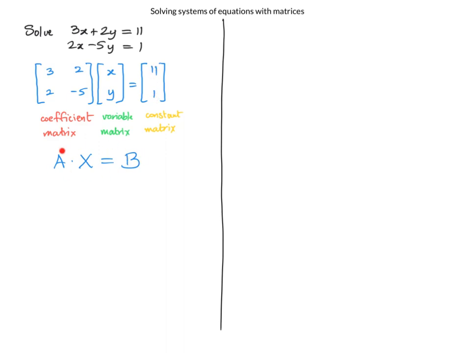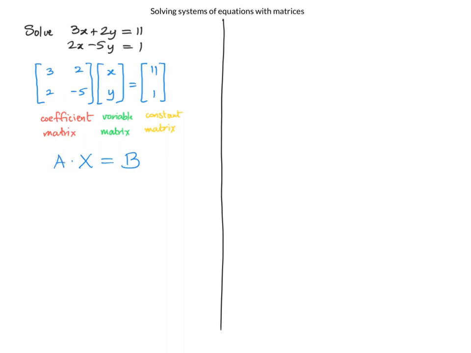And in order to solve, all I really need to do is isolate the X matrix. If I can say X equals, then I've got x, y equals whatever the answer is. So I need to figure out how to get rid of A. Remember, there's no such thing as dividing with matrices, but there is a way to get rid of the A if I can multiply by A inverse.